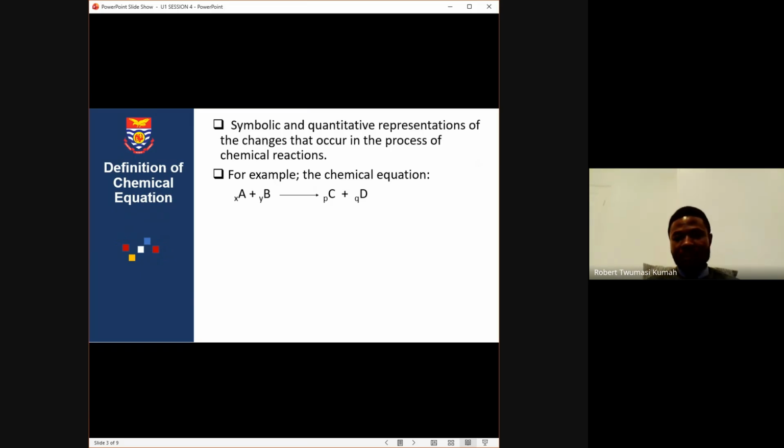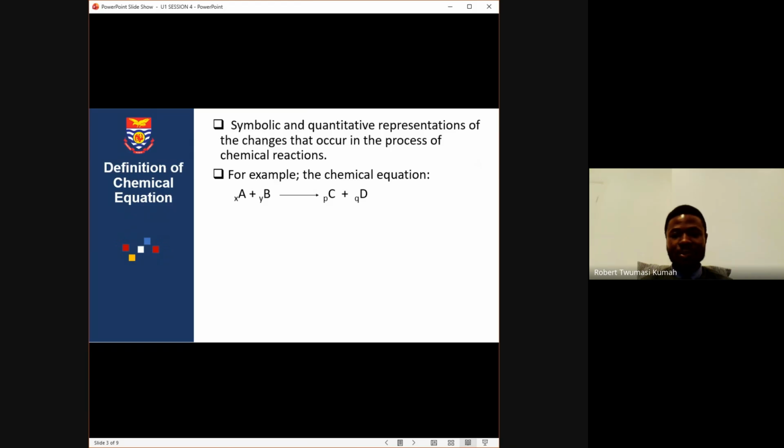But the issue is that one is for babies and one is for adults. The word equation might definitely be for babies and the symbol is for adults, because if I'm just writing glucose, it is very simple until you want to write a formula.